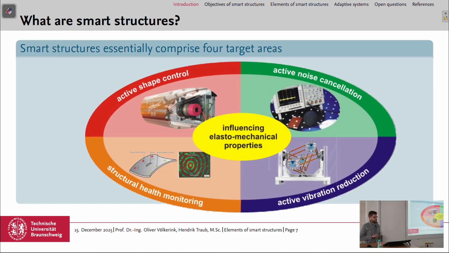So what are smart structures? They comprise essentially 4 target areas. You may all know this figure already from the posters. So we have active shape control, like this droop nose from a leading edge of an aircraft. We have structural health monitoring, the ability that a structure knows its state and may identify damage.